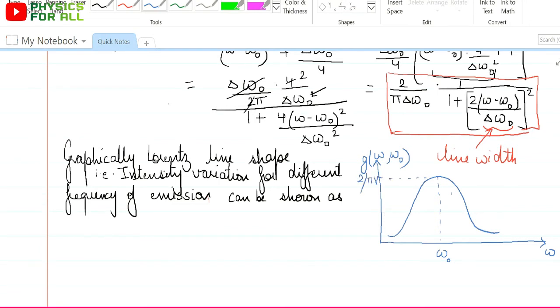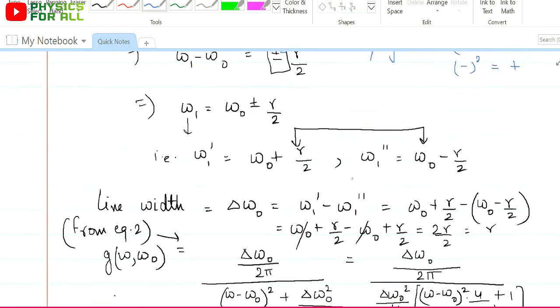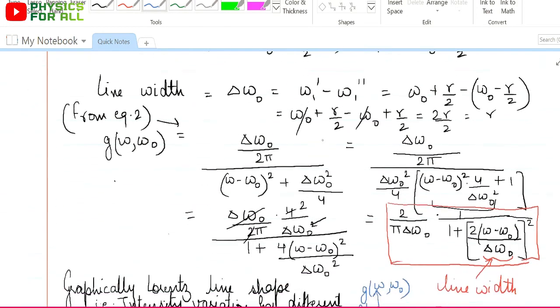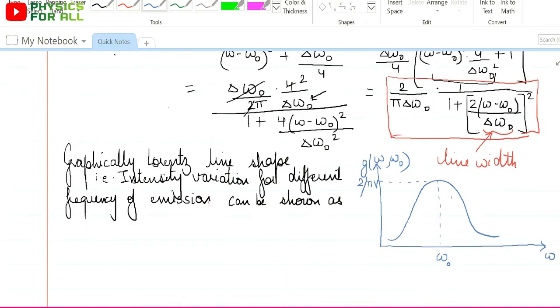And then the thing we did, we found omega 1. That is for some particular frequency we have found the two different values. And that frequency omega 1 is the frequency at half of the maximum intensity. That means this is the maximum intensity. So at half of the maximum intensity, we have omega 1.